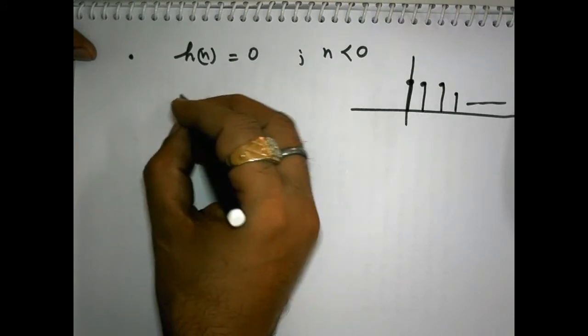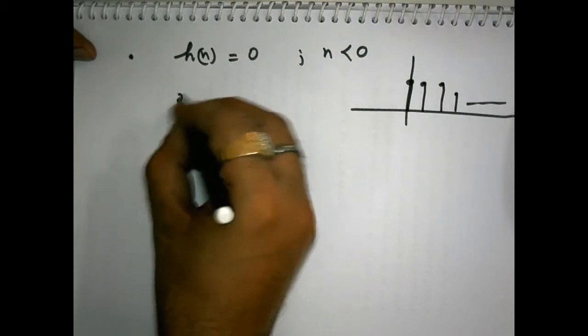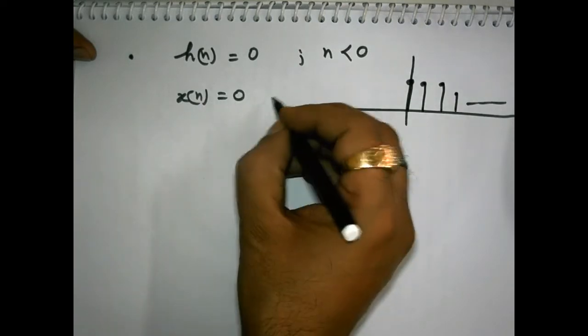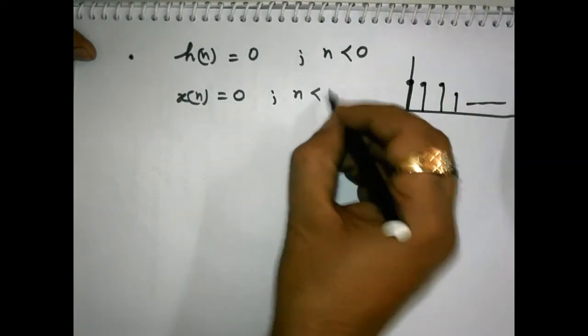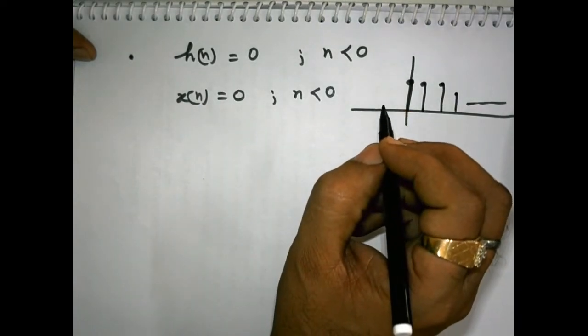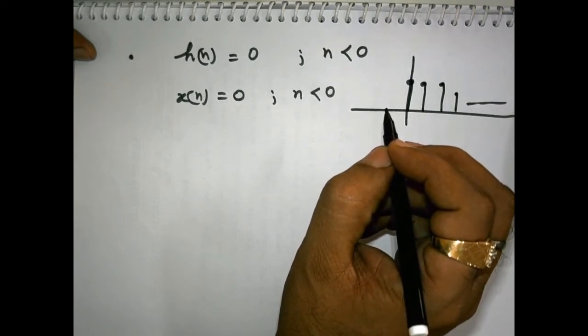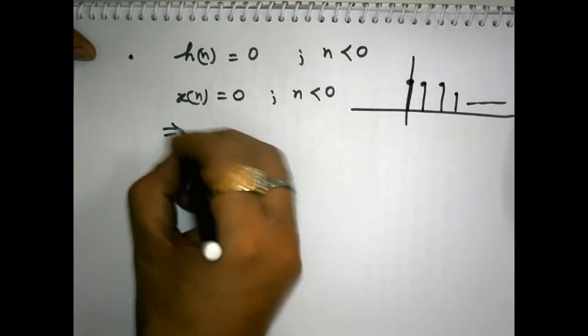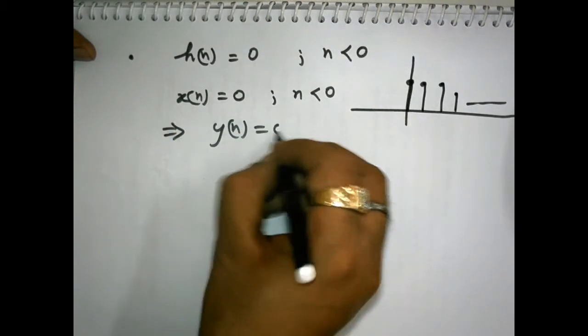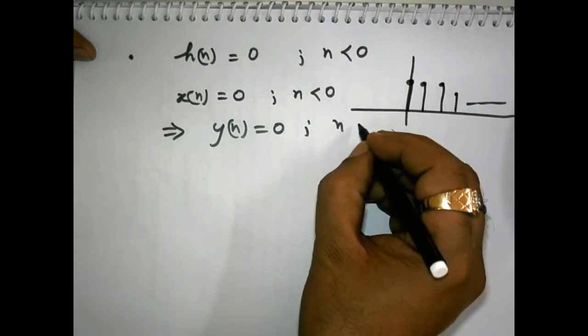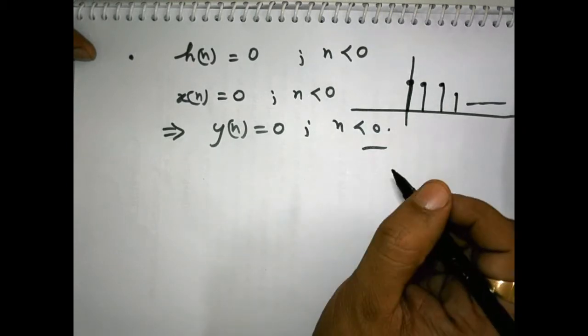And if xn is also causal, xn is causal means xn is 0 for n less than 0, then yn is also causal. If xn and hn are causal, this results in yn being causal, meaning yn will be 0 for n less than 0.